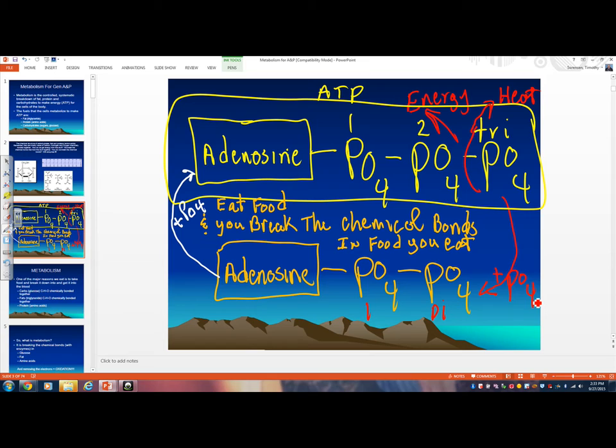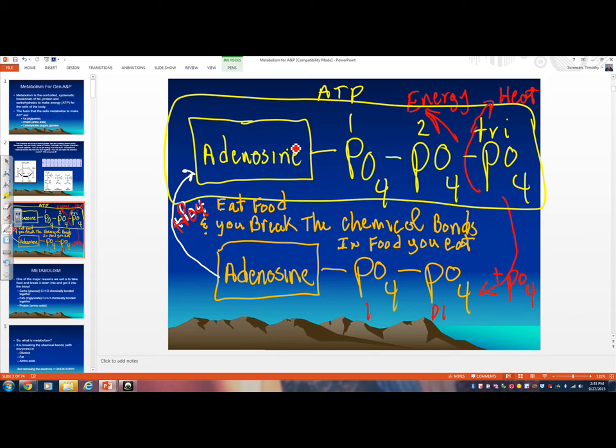So when you use ATP, you build up ADP inside the cell. So as ADP builds up, you have to take ADP and reattach that third phosphate to make more ATP to allow the cells to do what they do.